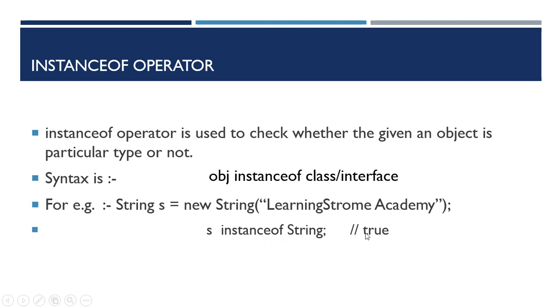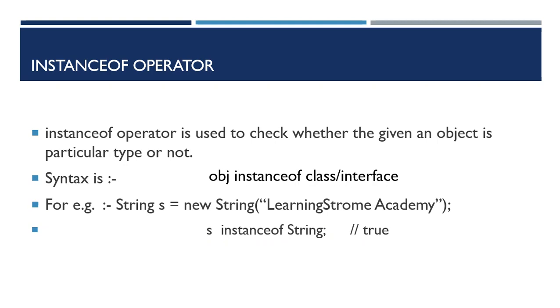Sometimes we have a large program and we are using some object in that program, but at that time we are not aware which class this object belongs to. In that case, we can use the instanceof operator. Let's suppose we have an application of 1000 or 50,000 lines.